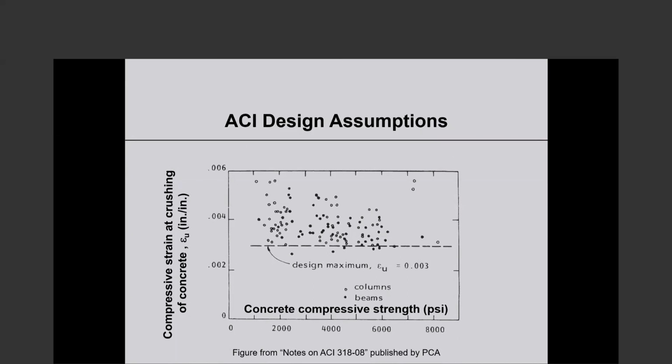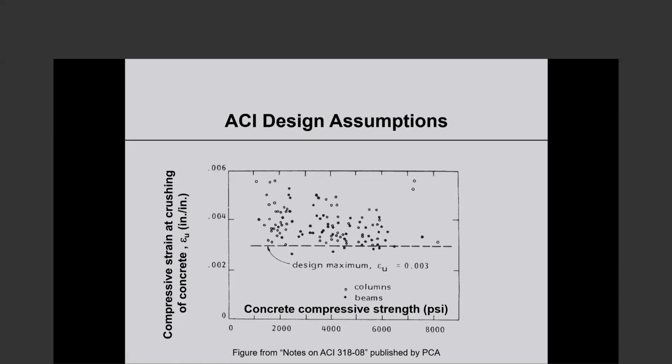In this portion, I have taken a lot of particularly pictures from this source, Notes on ACI 318-08, published by the Portland Cement Association. That publication now is discontinued, unfortunately, and Portland Cement Association has been reduced to a small fraction of what it used to be.